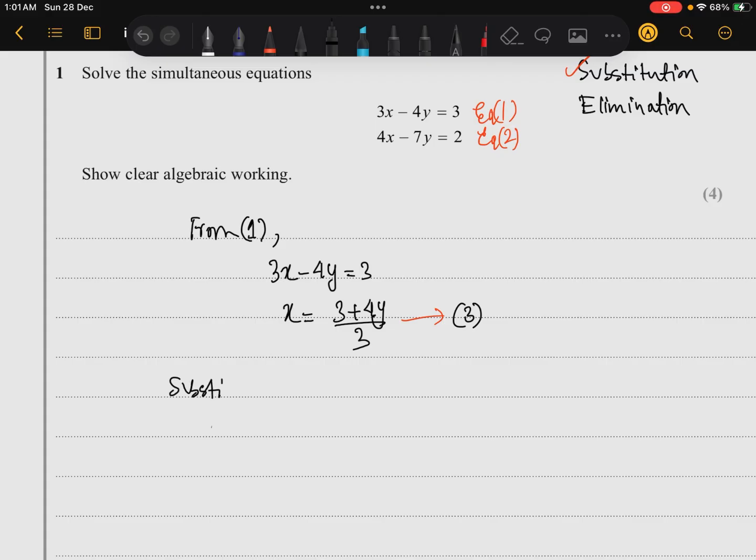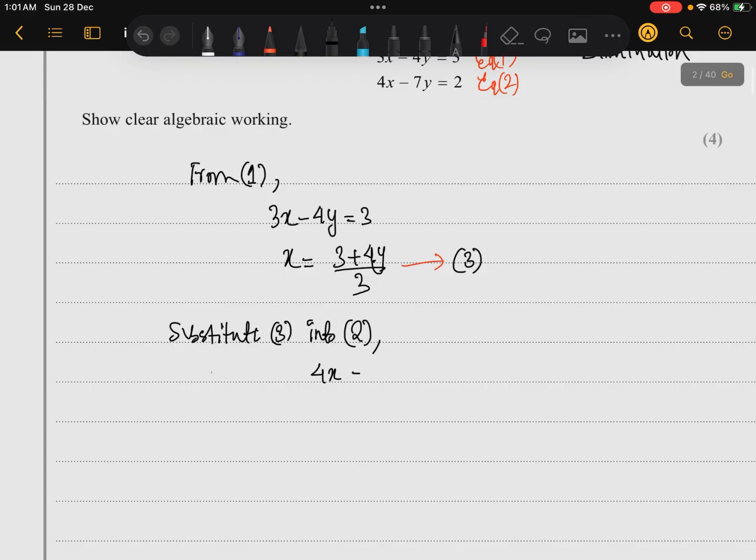Let's substitute 3 into 2. So 4x minus 7y is equals to 2. Since we already know x is equals to 3 plus 4y by 3, so 4 multiplied with 3 plus 4y by 3 minus 7y is equals to 2.